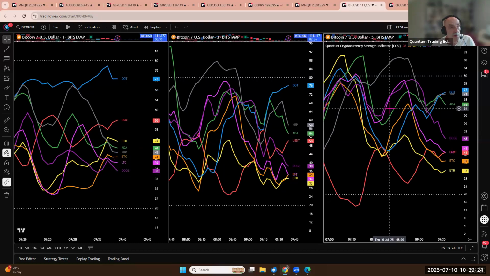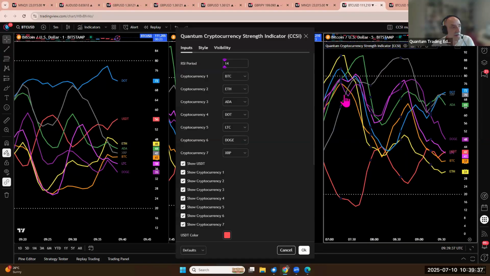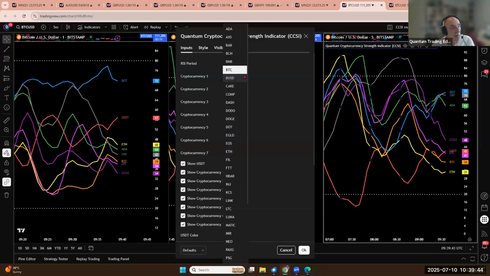Now, the beauty, and this is a major difference, with the currency strength indicator, you have the 8 currencies. But with the cryptocurrency, we have the option to go and select whichever one we choose. So if we go into settings, you'll see here, these are the ones I have at the moment. But if I click on this, these are all the other cryptocurrency pairs, of which there are a huge number, which you can trade and certainly apply to the cryptocurrency strength indicator.